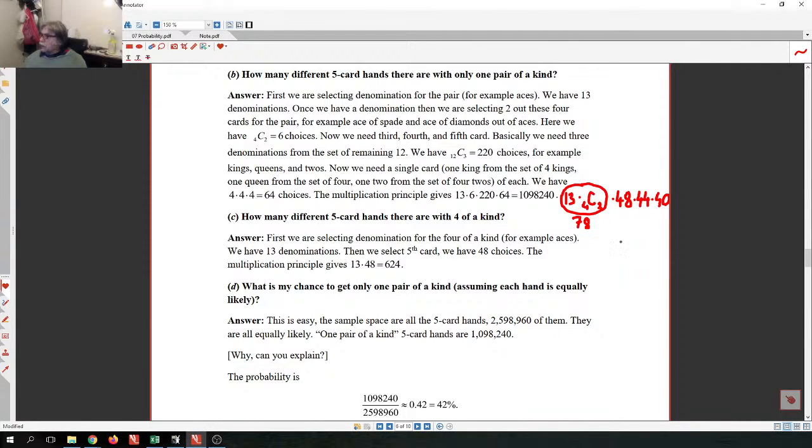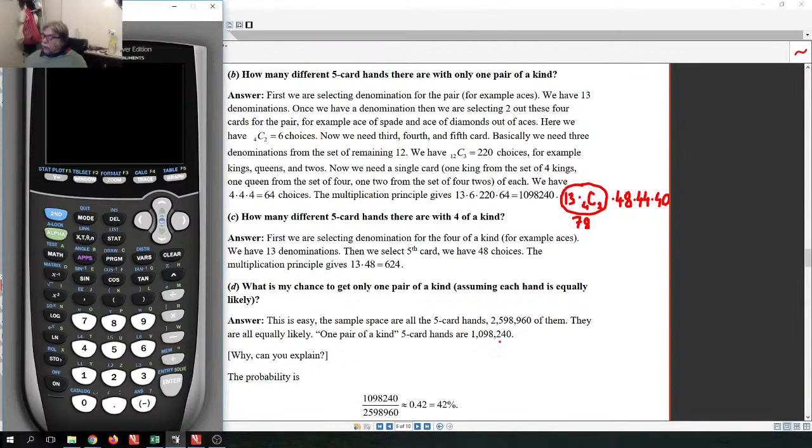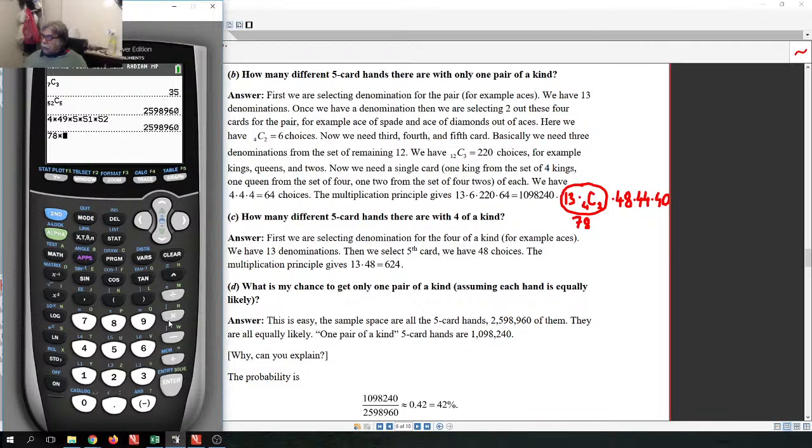Okay, so you can say, I'm done here. If I calculate this, it is going to be easy. I can multiply these numbers, 78 times 48 times 44 times 40, and I got 6,589,440 different 5-card hands when I have one pair of a kind.